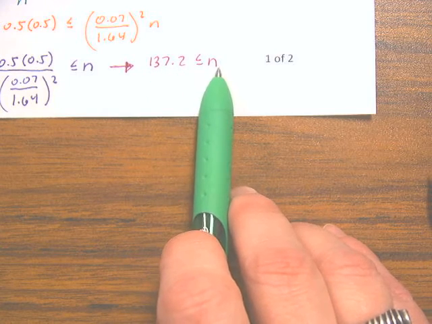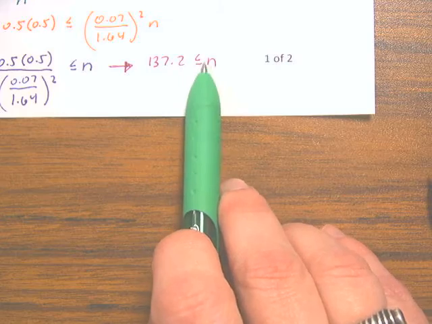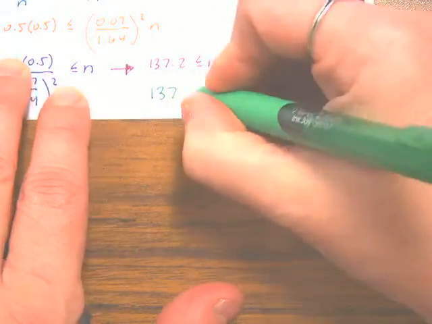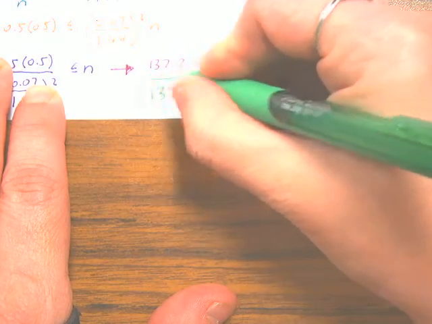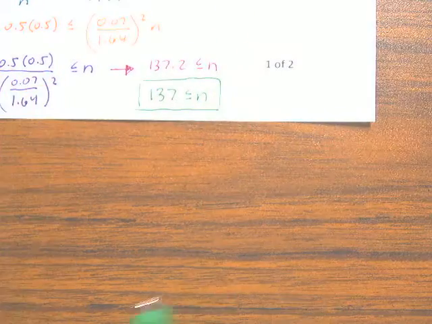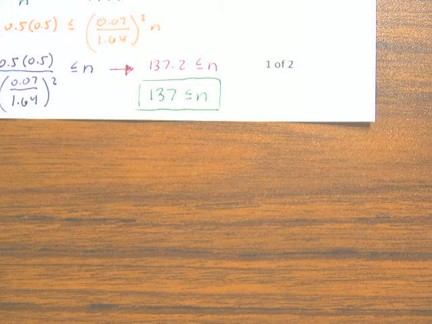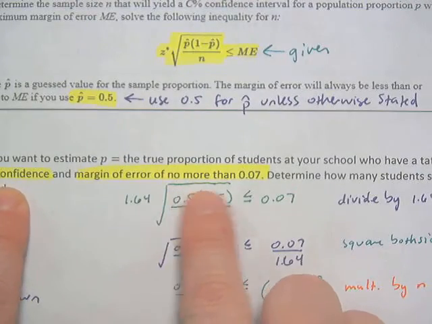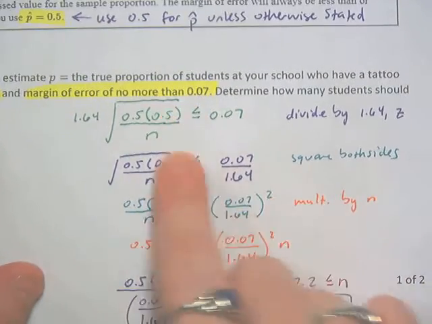But because this says your sample size needs to be greater than or equal to this, and it certainly can't be equal to 0.2 students, then your sample size needs to be at least 137 students. At least 137. Greater than or equal to that. That means you could go out and survey 150 and that'd be fine. But any less than 137 and you're not going to have followed the rules for your 90% confidence and your margin of error. Those are what we were bounded to.